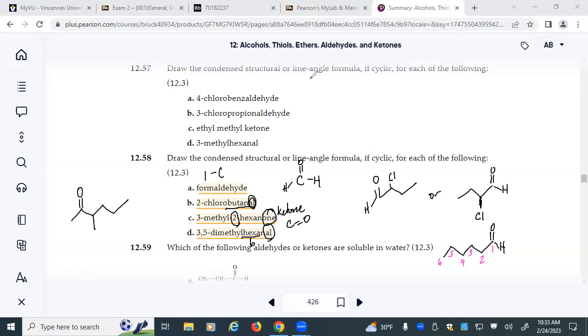So when I draw this as 3,5-dimethyl, this is carbon 3, this is carbon 5. I can draw it that way, and I know exactly what I'm doing.